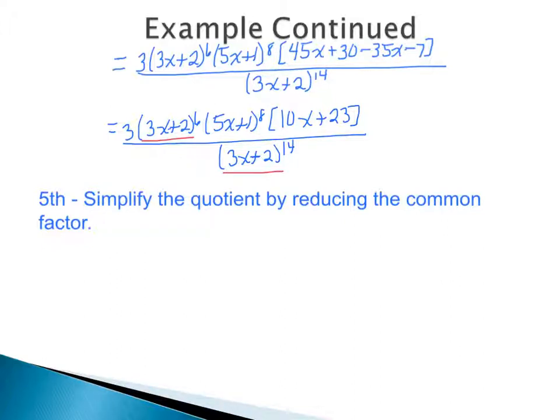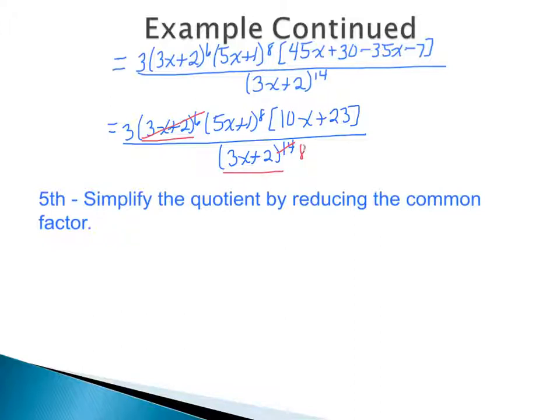So 6 minus 14 would be a negative 8, but a negative 8 would move it back down to the denominator. Or you could subtract your exponents as 14 minus 6, which would be 8, and then just leave it where the larger exponent is. So I can reduce those, and what that does is give us a power of 8 in the denominator.